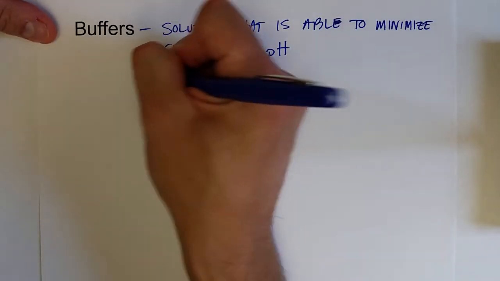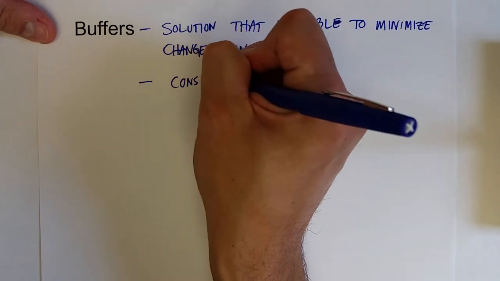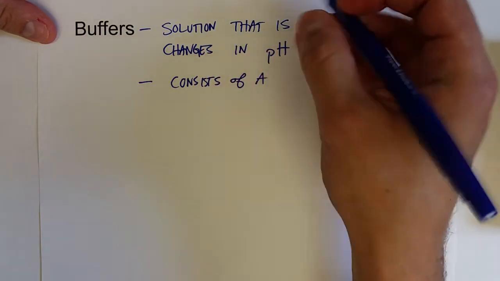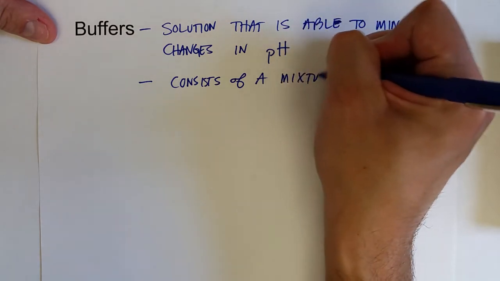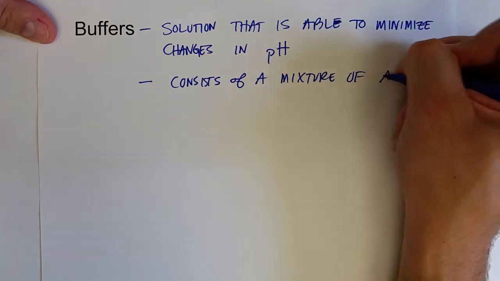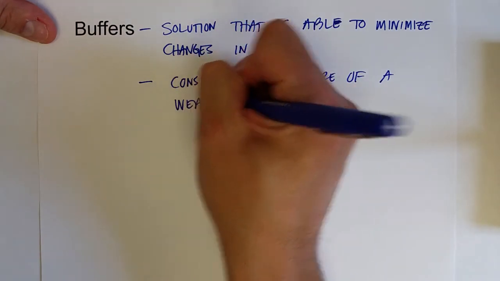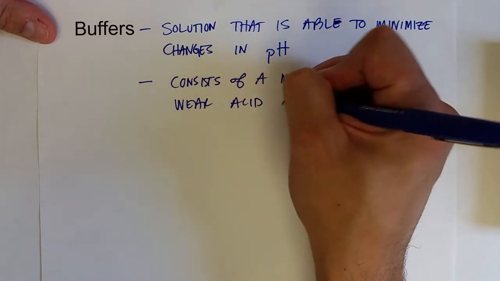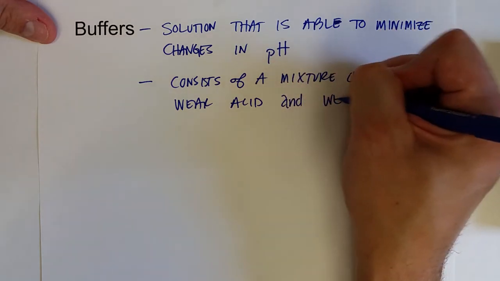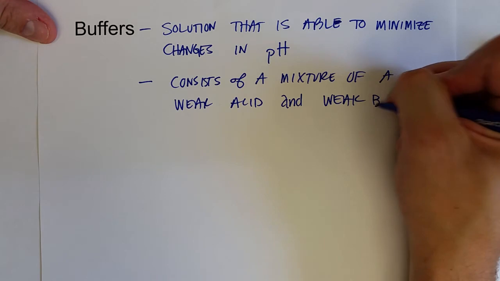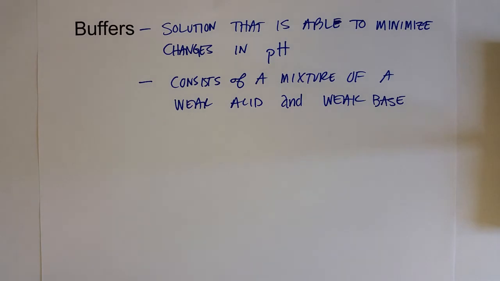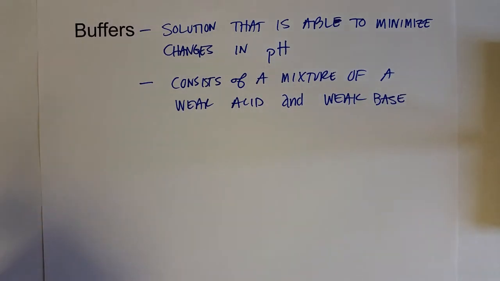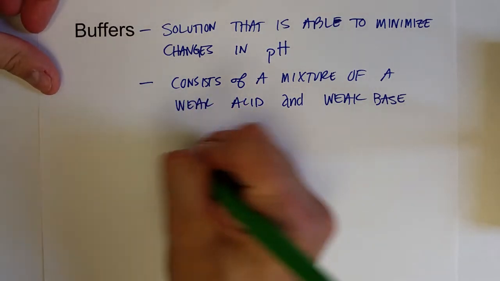It consists of a mixture of a weak acid and a weak base. And they have to be weak. They cannot be strong, or else they'll just neutralize each other. But because weak acids and weak bases set up equilibrium, we can have both species in the same solution. And so, let's make a buffer.